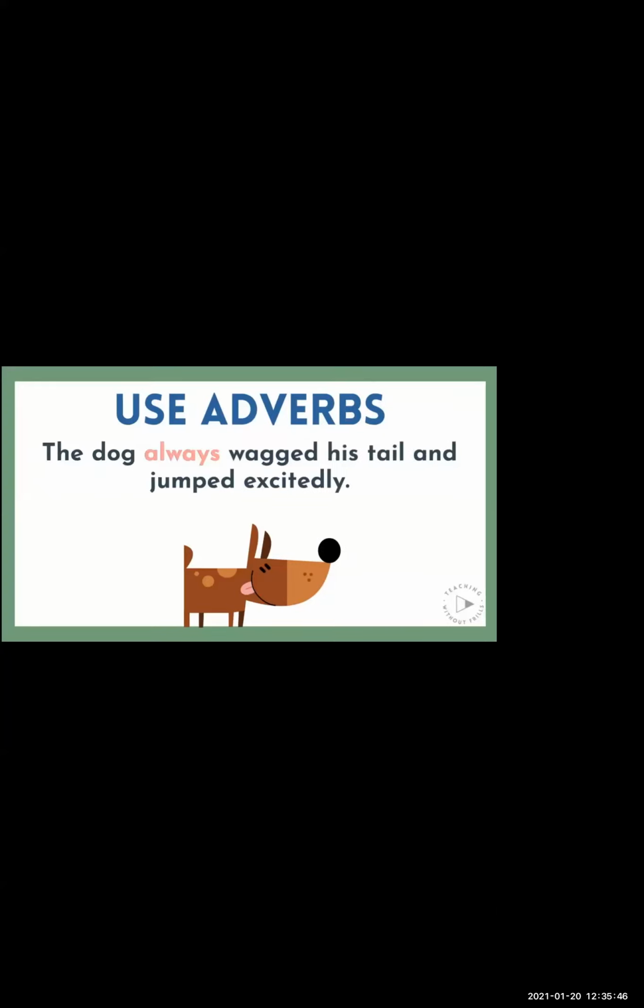Okay, very good. So the dog always wagged his tail. Which adverb have I added over here? Always. Yes or no? The dog is always wagging his tail. That's why I have added the adverb always. The dog always wagged his tail and jumped excitedly.